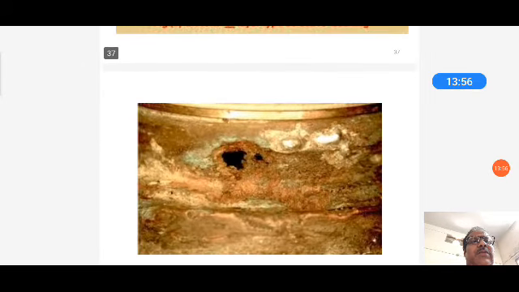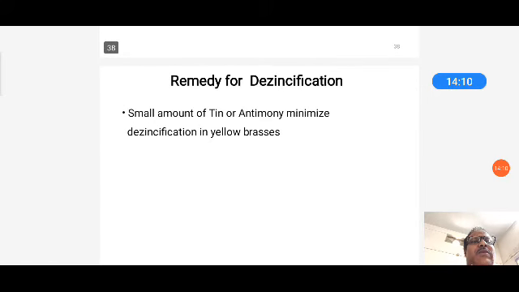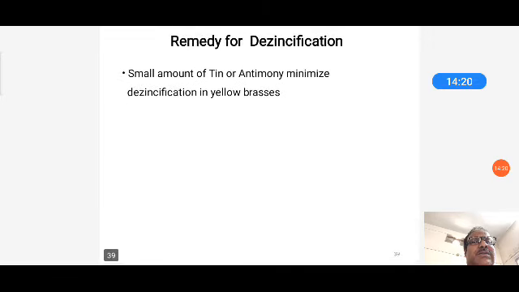In this type of dezincification, the zinc content evaporates and the copper fatigue corrosion fracture takes place. The remedy for dezincification is that a small amount of tin and antimony minimizes dezincification in yellow alpha brasses.